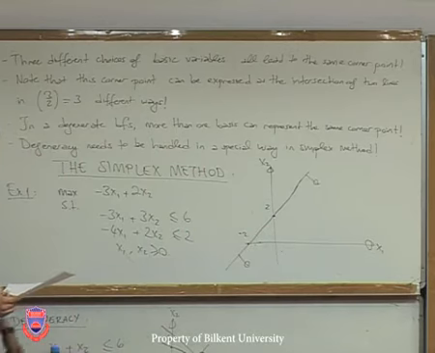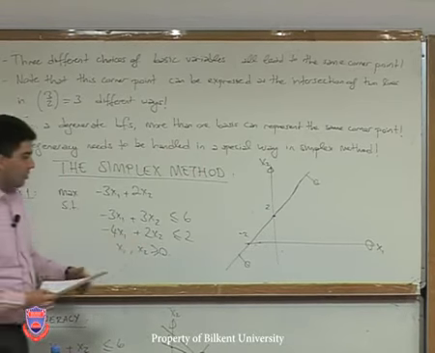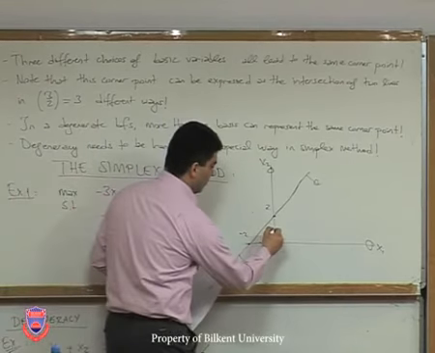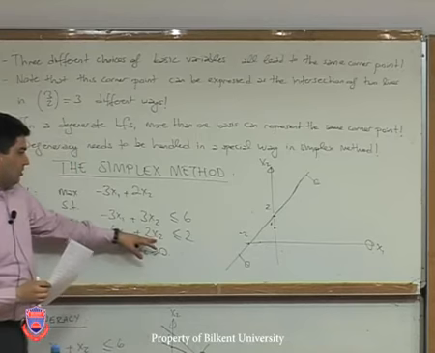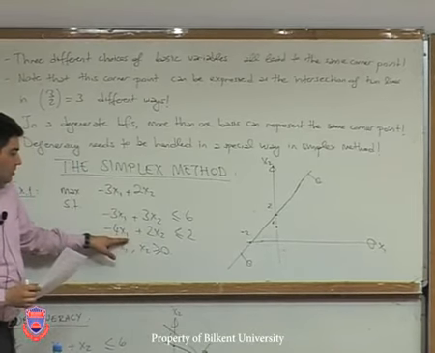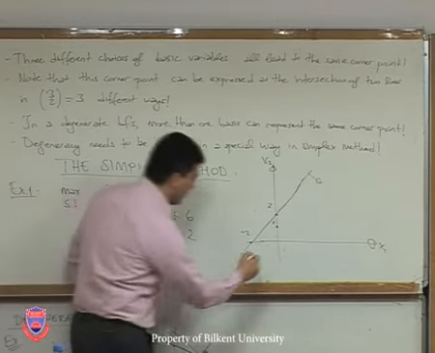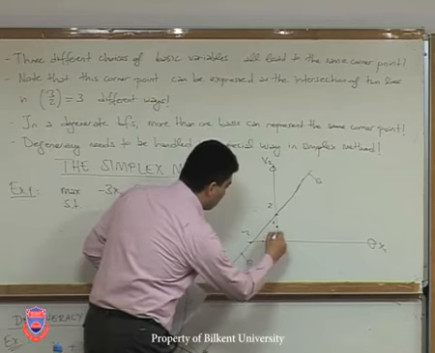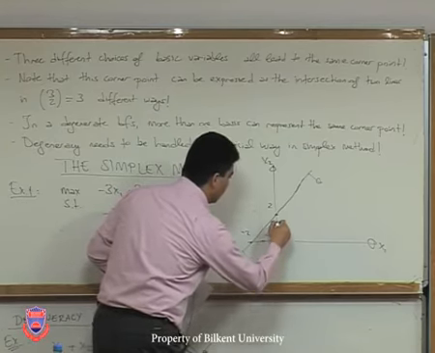What does the second constraint look like? If x1 is 0, x2 is equal to 1. So it goes through this point right here. And if x2 is 0, x1 is equal to minus 1 over 2, basically, right? Okay? So it's this point right here, minus 1 over 2. It actually goes through these 2 points.